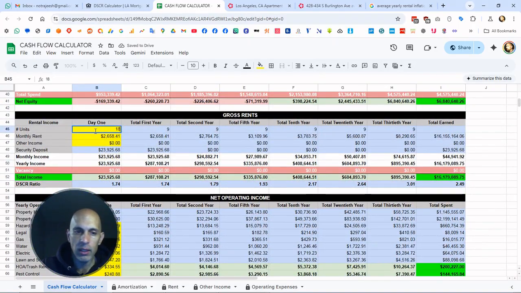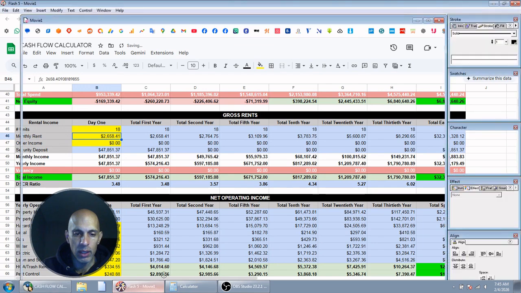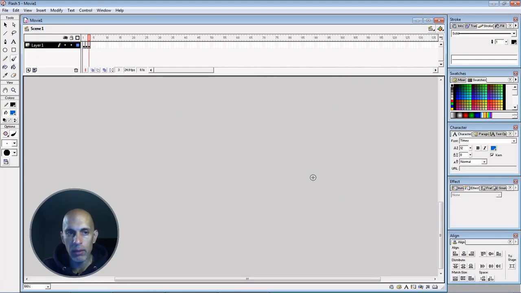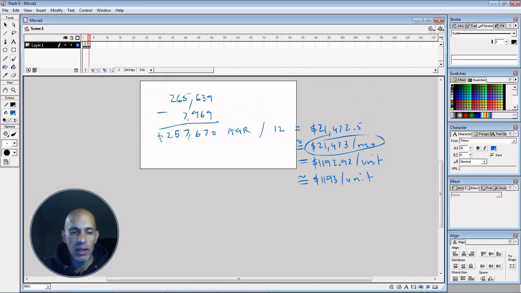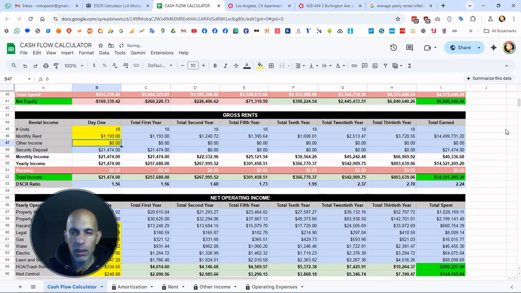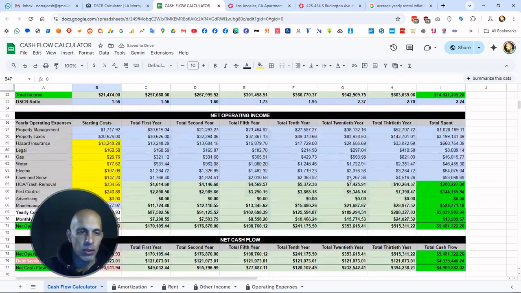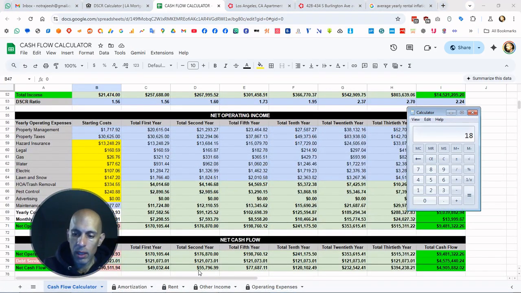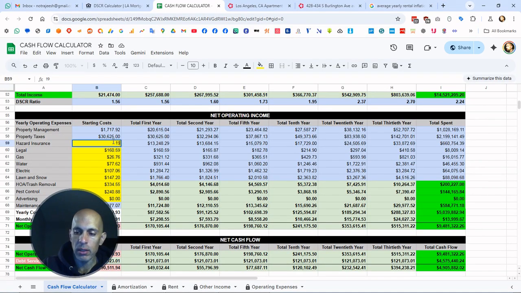So this is 18 units, and they were each, I believe, $11.93 per unit. Hazard insurance, 18 units, 18 times 1,100 per unit. So we're looking at roughly almost $20,000 a year in hazard insurance.